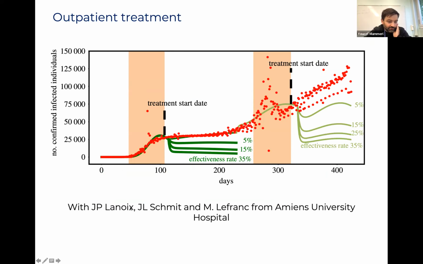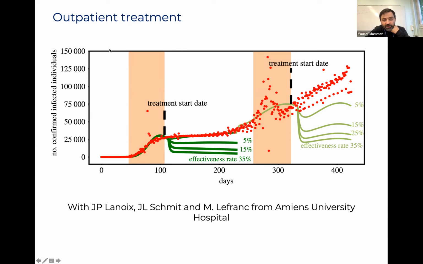These three are medical doctors from the Mammeri hospital, University Hospital, and they were trying to implement a clinical test for some treatment. What we show is that you don't need a very efficient treatment.